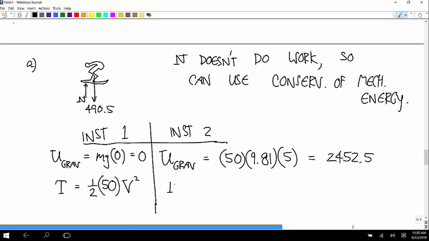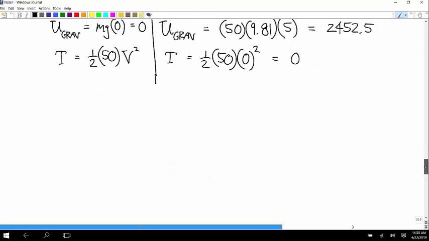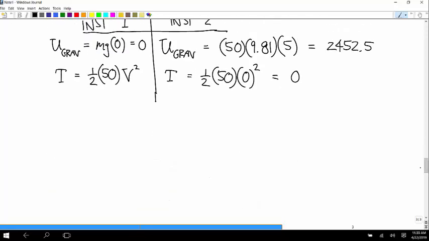And then the kinetic energy is 1/2 times the mass times the speed squared, but at the top of the hill, the speed is 0. So the kinetic energy is 0. And now conservation of mechanical energy says 0 plus 25v squared is equal to 2452.5 plus 0.